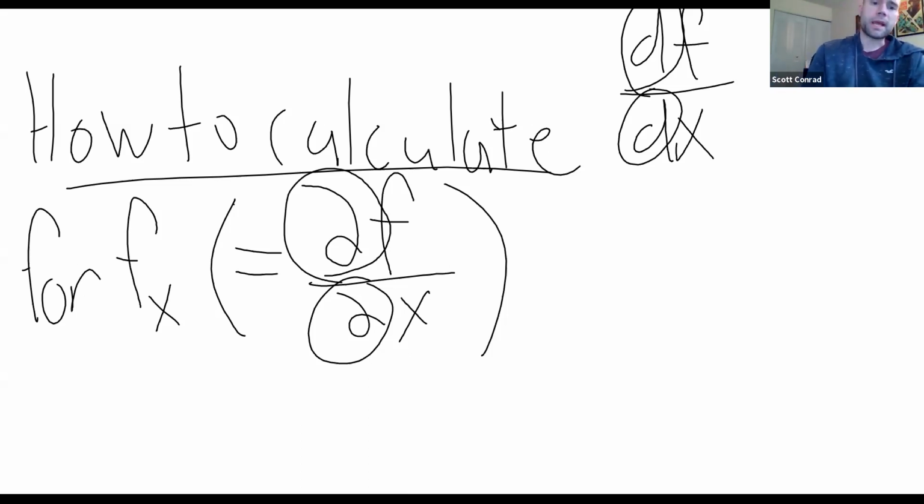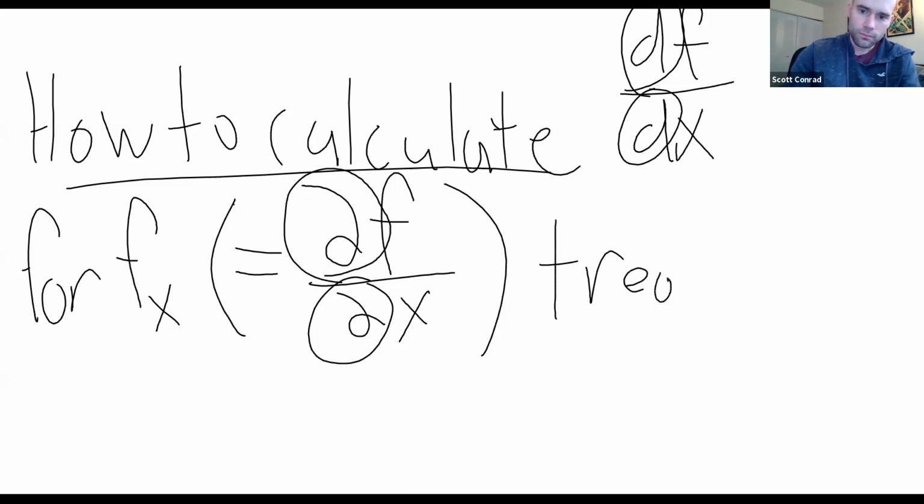Okay, so the way we actually calculate these is you look at your function, wherever you see y, you're going to treat it as a constant. So remember, for the partial with respect to x, we're fixing y. So now we're treating that as a constant.